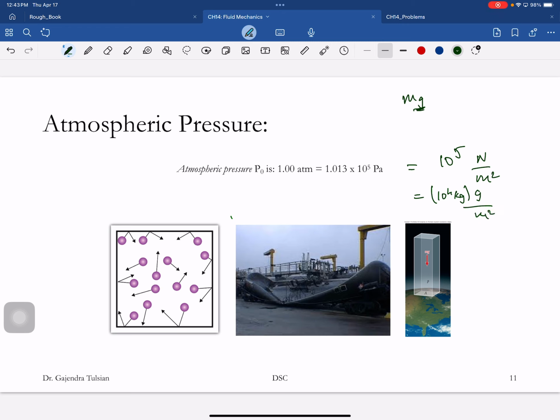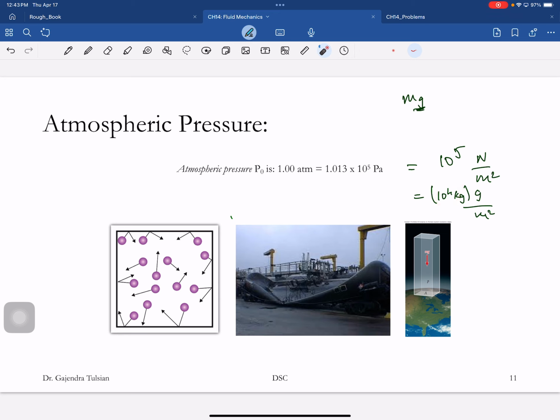So you can think of atmospheric pressure as taking a 1 meter square column of air, about the size of this table, going all the way to space. The mass of that column of air is 10 to the power 4 kgs, roughly the mass of a school bus.